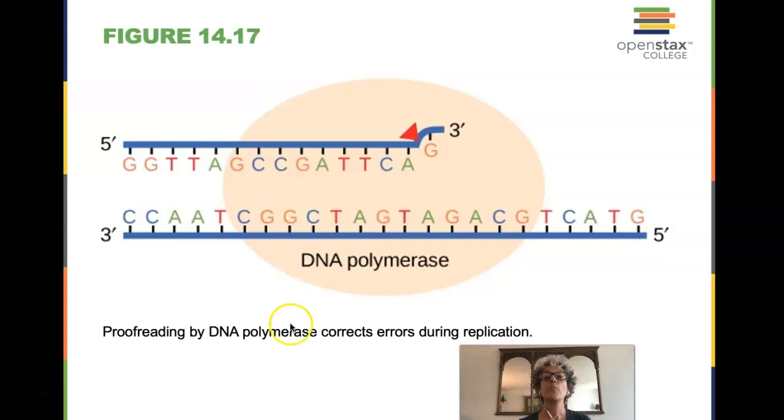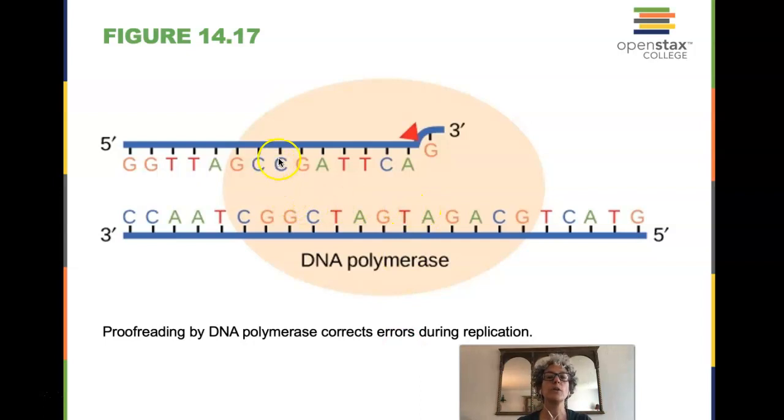It has a proofreading function, and we should all practice proofreading a little more. Had I done so, I would have seen that the 5' and 3' ends were labeled incorrectly on a provided slide. DNA polymerase proofreads by doing its replication and then backing up.